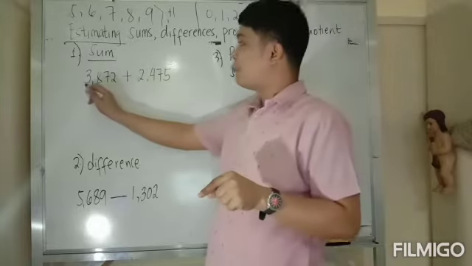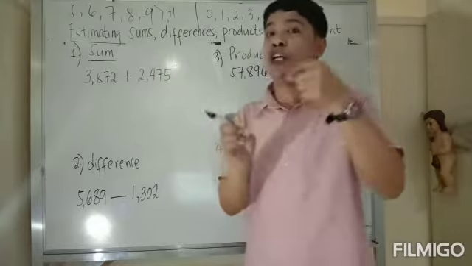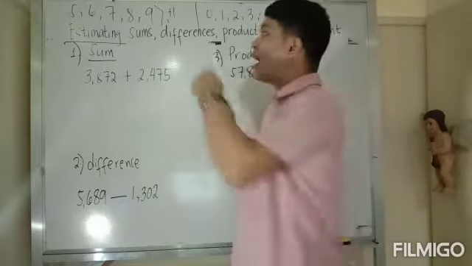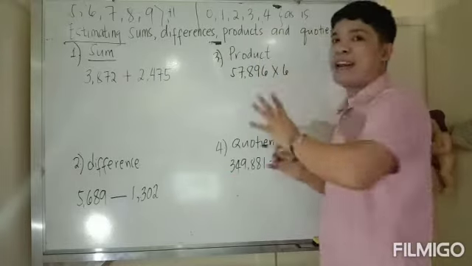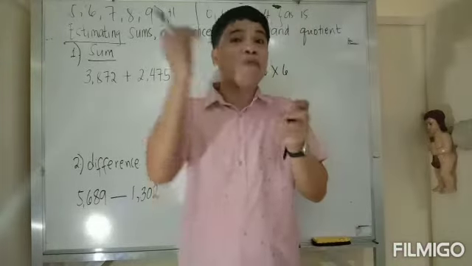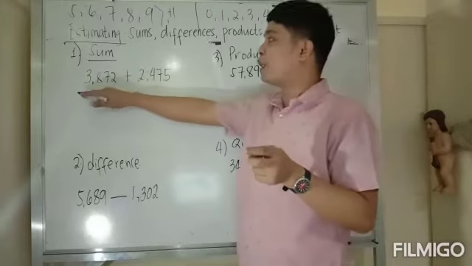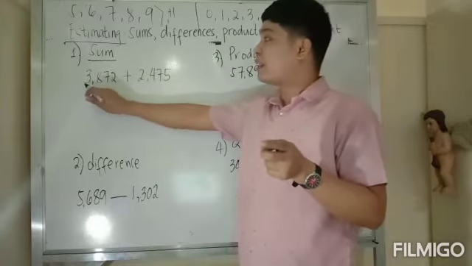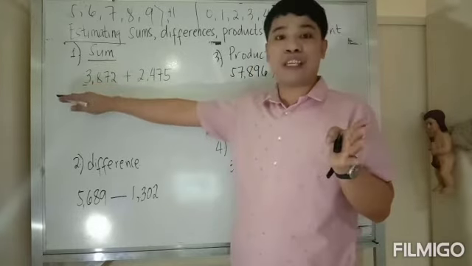So we have here the highest place value. It does not say what place value you are going to do, but when we add, subtract, multiply, or divide, we are going to go directly to its highest place value. The highest place value here is thousands. So the thousands digit is 3. So we're going to round off this one.